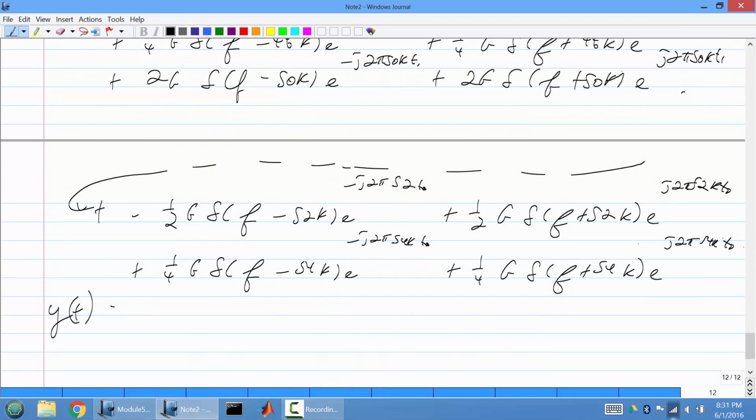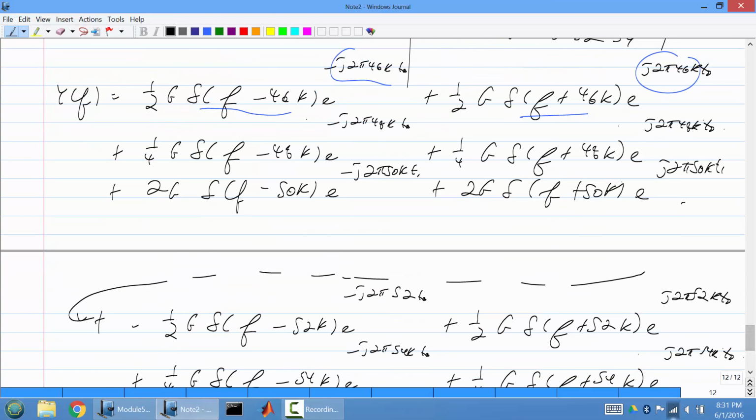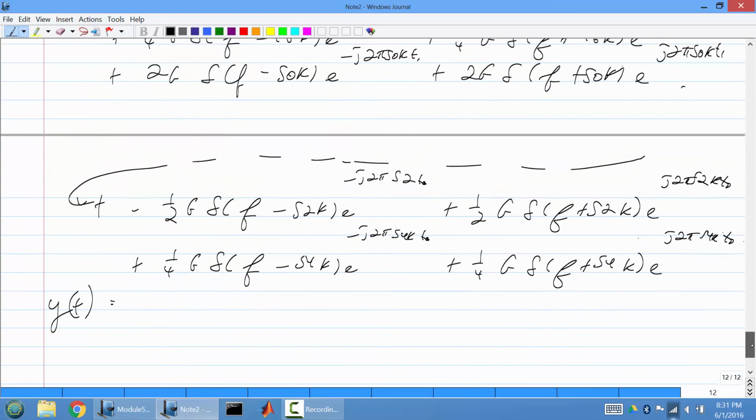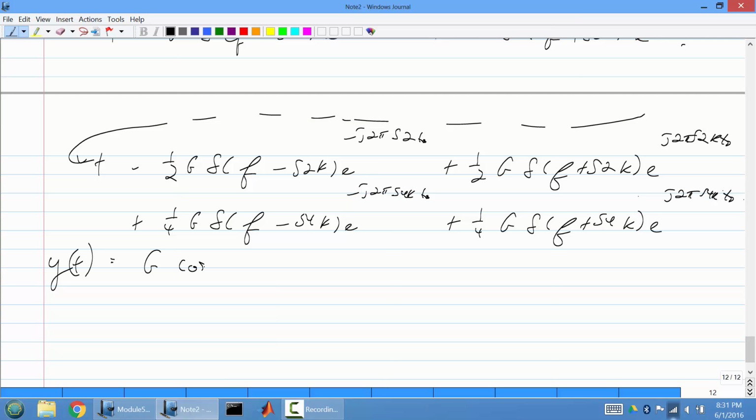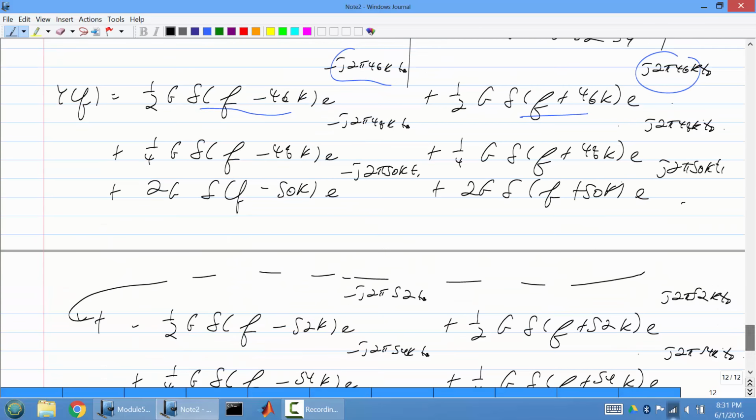So what you do is these 2 impulses become a cosine. So this becomes g cos, and then 2 pi times 46,000, okay, and then t, and then minus 46k is the delay. Actually, no, it's not 46k. It's just t naught. That's what the delay is.